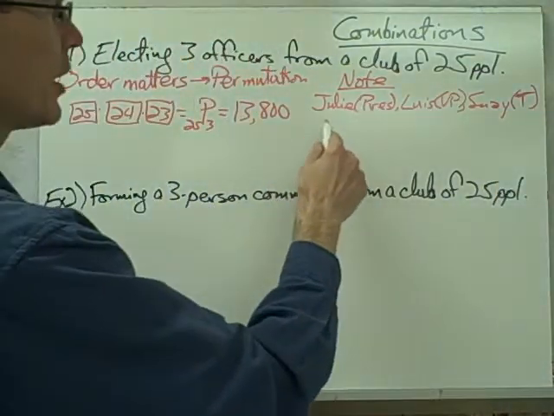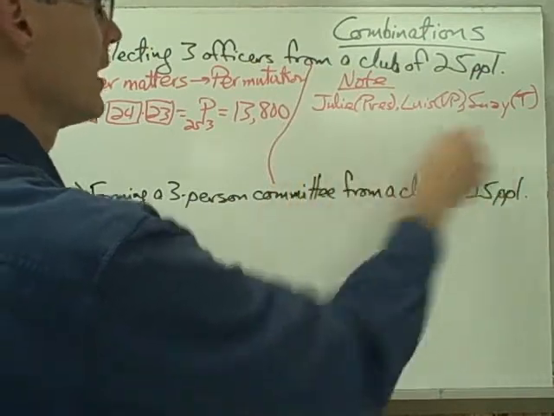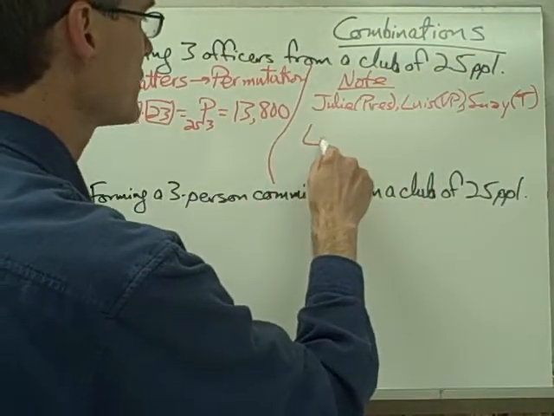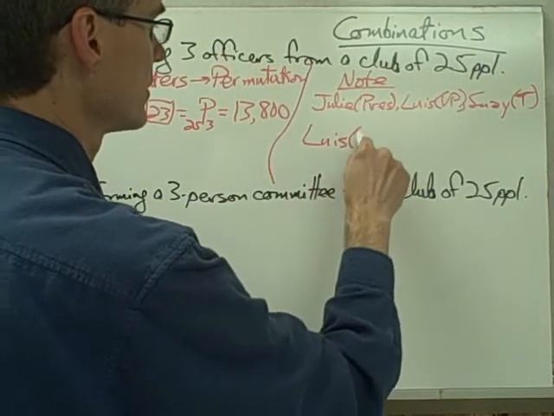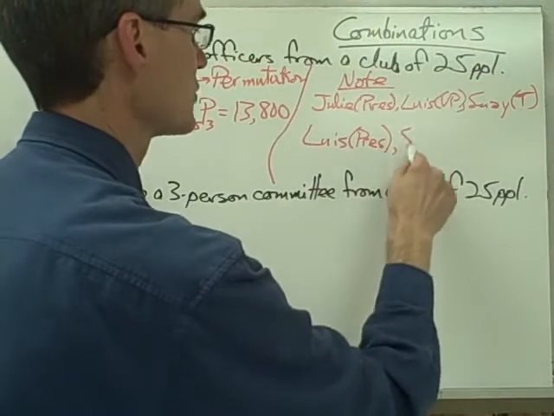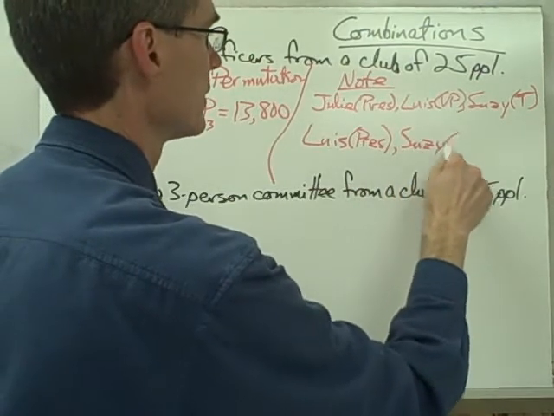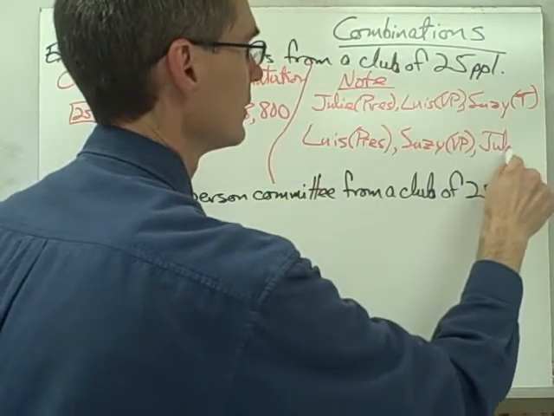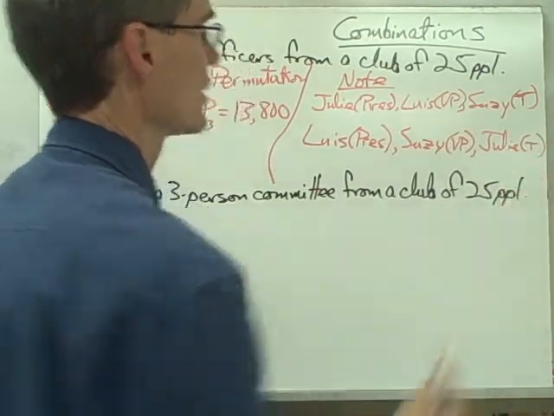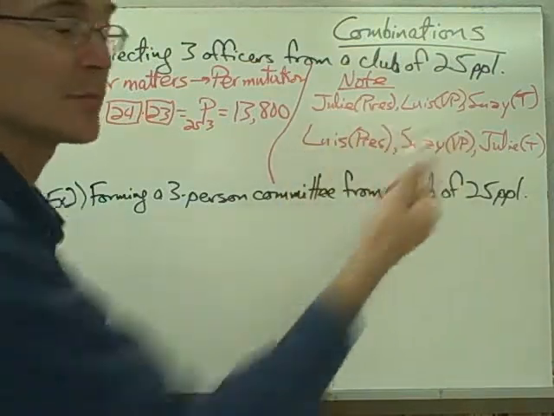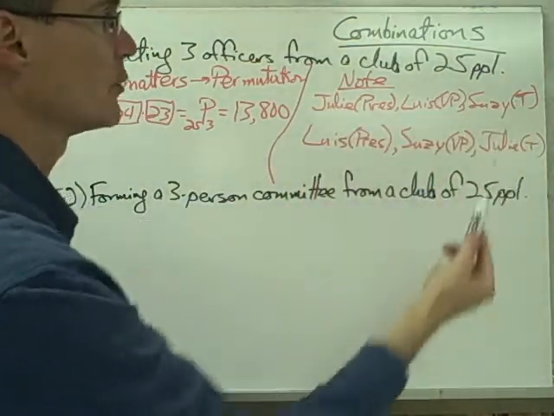Well, note that if I had a different order of these same 3 people, for example, say Luis was elected first, and so he would have been the president, and Susie was elected second, so she would have been vice president, and Julie was elected third, so she was the treasurer. Notice that these are 2 different arrangements of Julie and Luis and Susie.